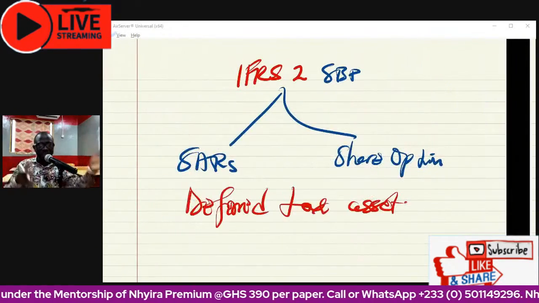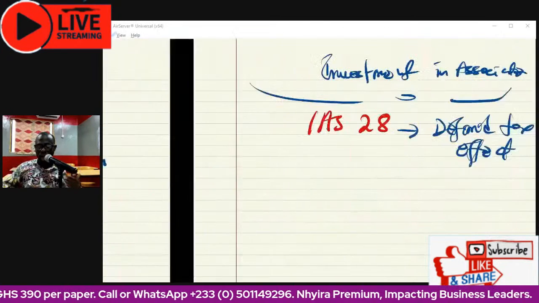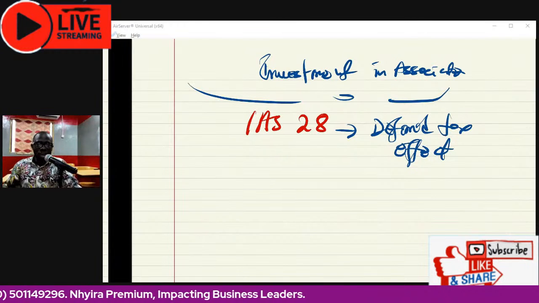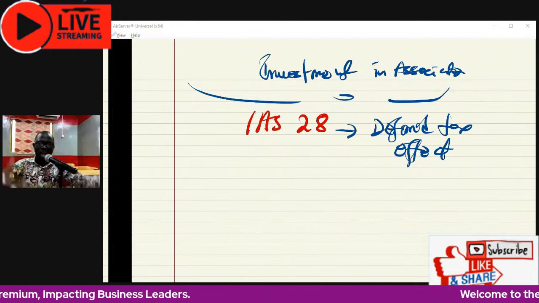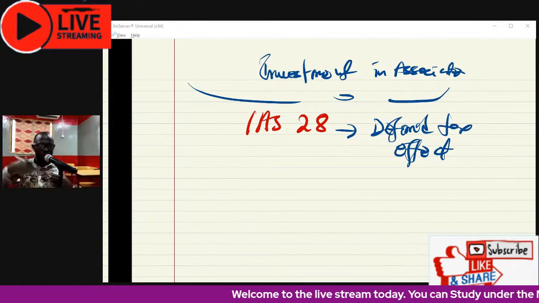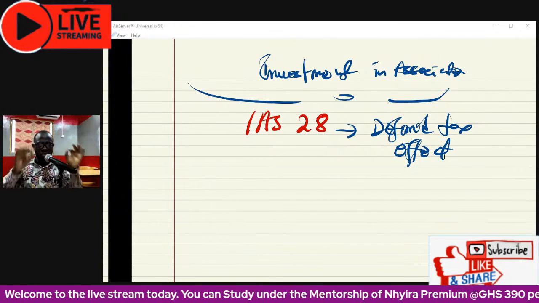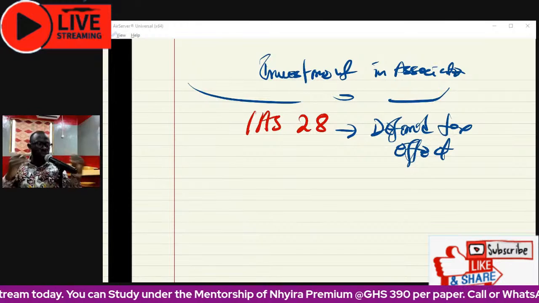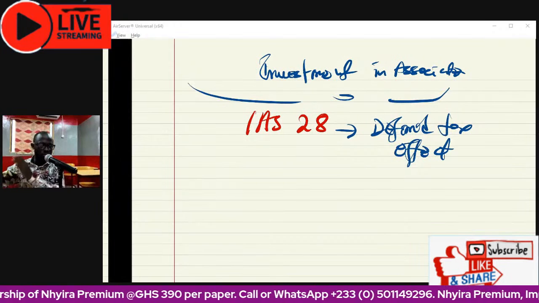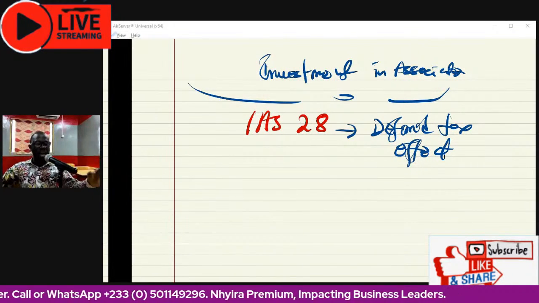So either property, plant, and equipment, or a share-based payment incentive we are giving to our employees, or it could even be an investment we are making as an organization. Whatever it is, whether it is a liability we are going to be paying in the future, or a revenue we have received or are likely to receive in the future, IAS 12 states that we must account for both the current tax consequences and the future tax consequences of that particular item. This is the basis for IAS 12.